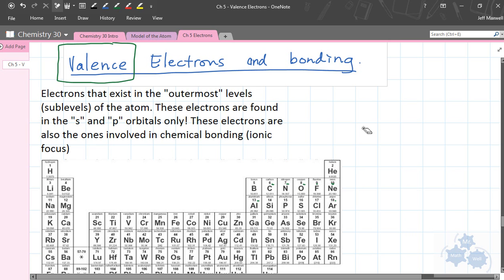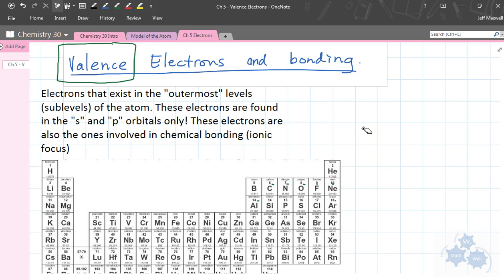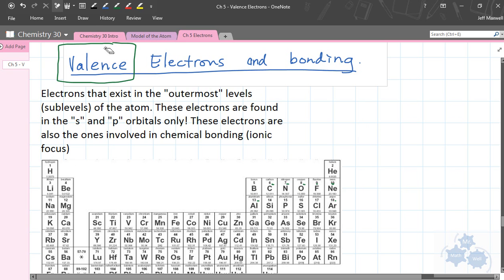Okay. All right. But in the s and p orbitals, how many electrons can exist in any energy level if we're just considering the s and p orbitals? So let's take a look at the 3s here and the 3p. How many electrons could, if these were full, how many electrons are we talking about? In the 3s and the 3p, we have 1, 2, 3, 4, 5, 6, 7, 8.